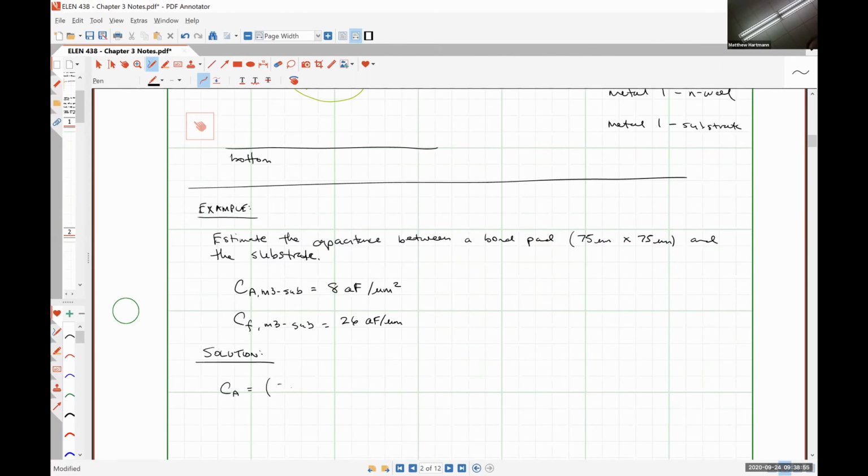It is going to be 8 attofarads per micron squared times the area of the plate, which is 75 microns quantity squared.